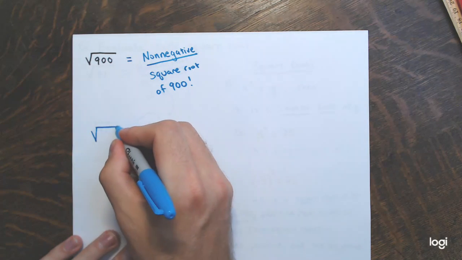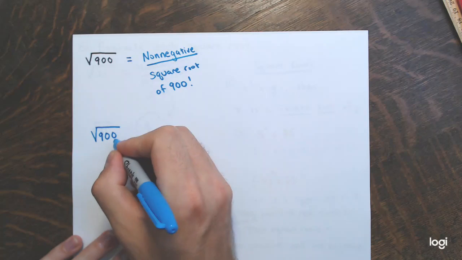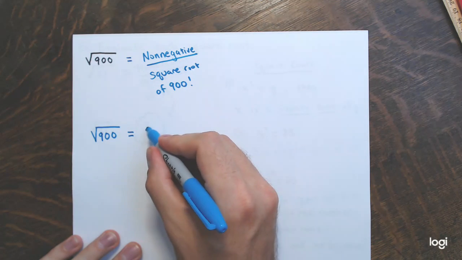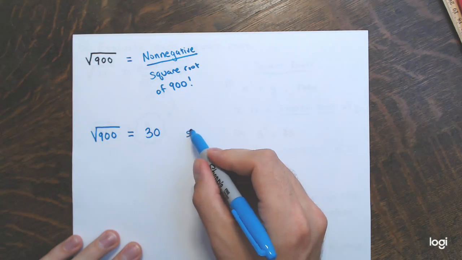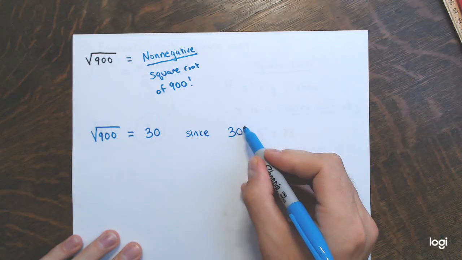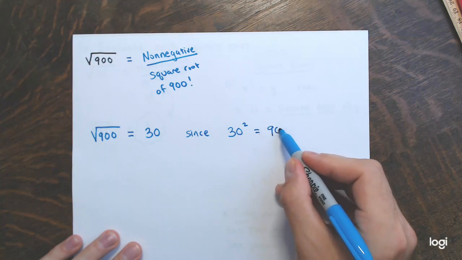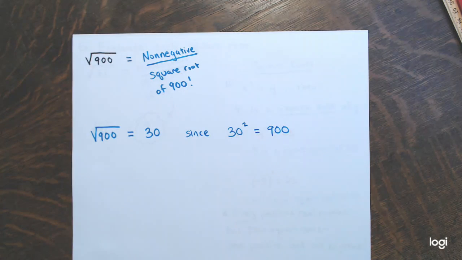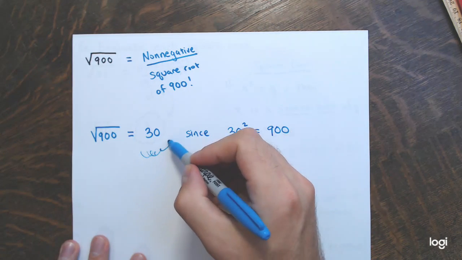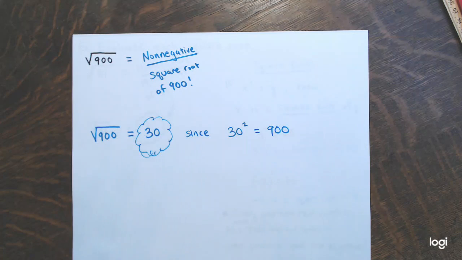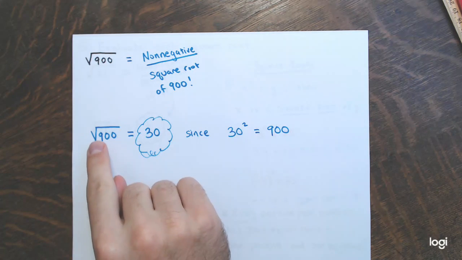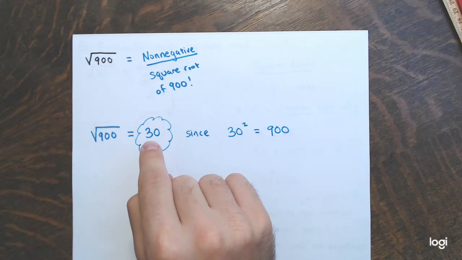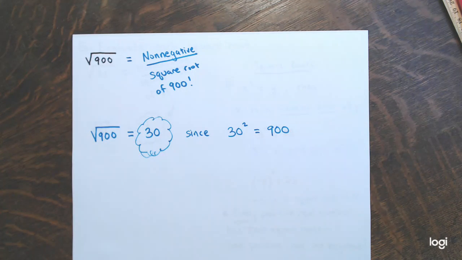So the non-negative square root of 900, or just the square root of 900 here, is 30, since 30 to the second power would be 900. This is the answer, 30. And just 30. I know negative 30 to the second power would also be 900, but I'll say this a bunch, this symbol means give me the non-negative one, please.